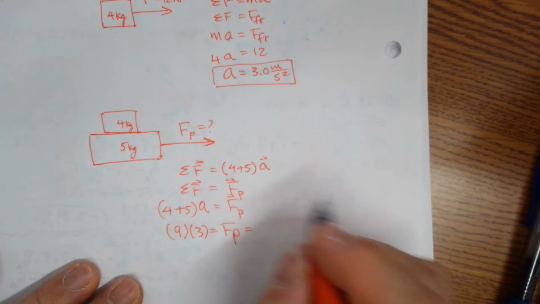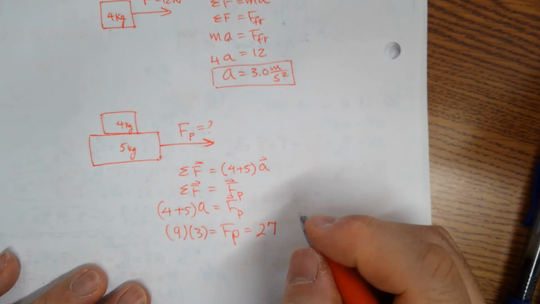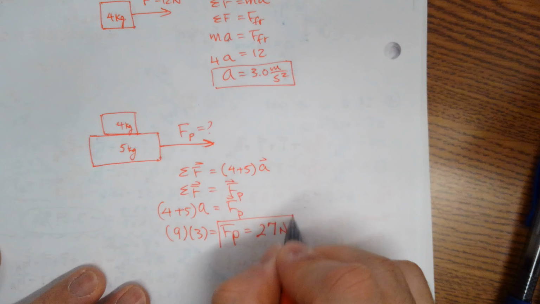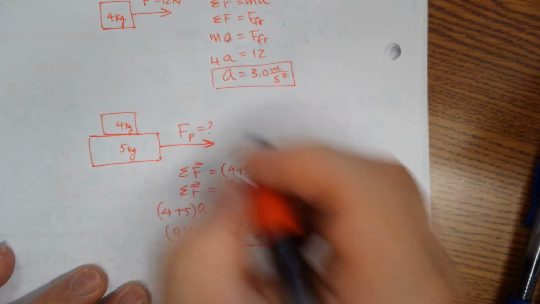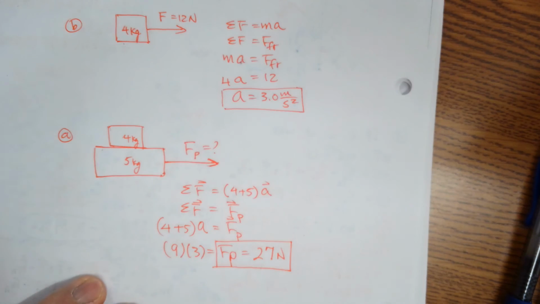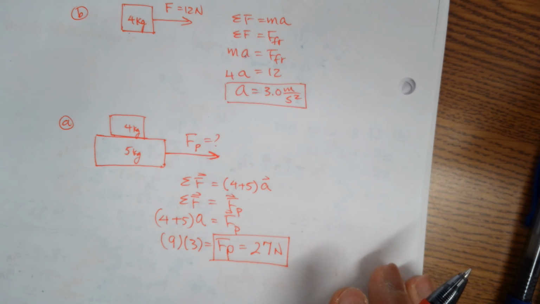So F pull is 27 newtons. So this is actually part B, and this is part A. All right. Any questions?